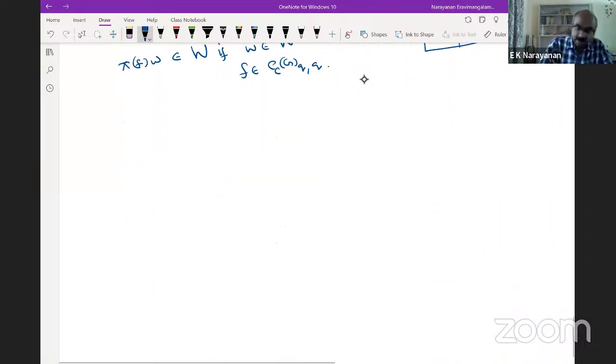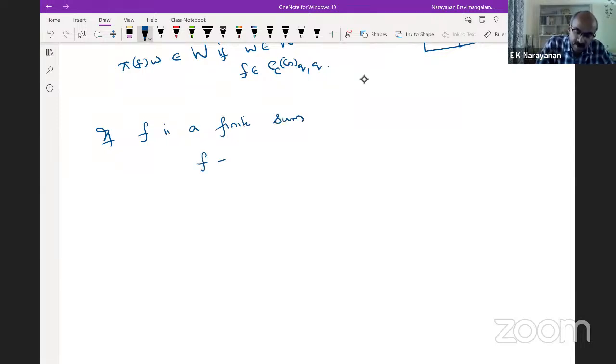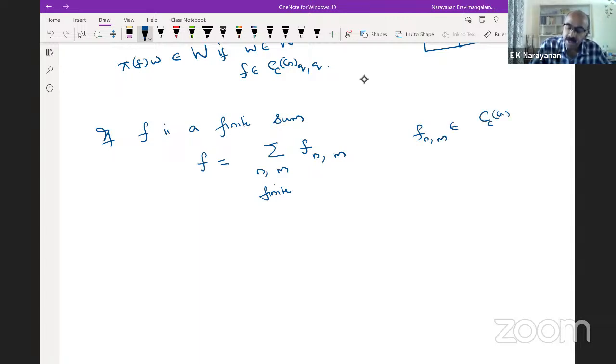Now I want to justify the following statements. If f is a finite sum, let's write f equal to the sum of f n m, finite. So f is in CCG, and f n m is in CCG in the corresponding space nm. On the left, you get an e to the minus i n theta. On the right, you get an e to the minus i m phi.